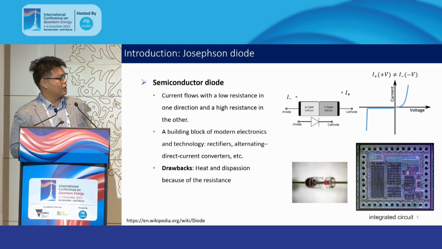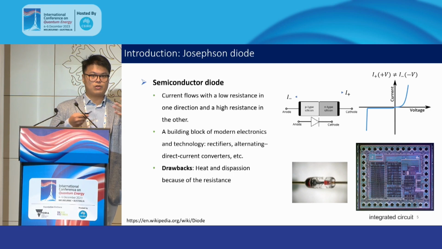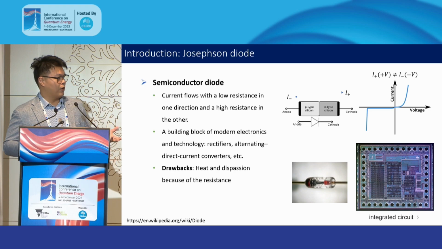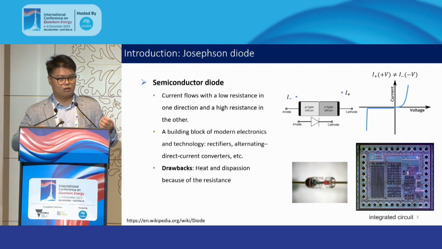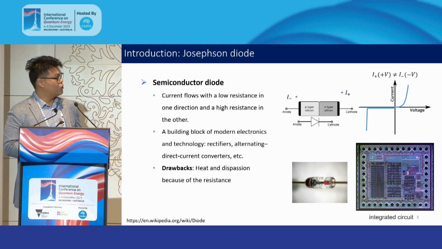But as you can see, the key drawback of this device is the inevitable dissipation in this system, because the resistance is everywhere, especially when we have a circuit, this dissipation becomes huge.